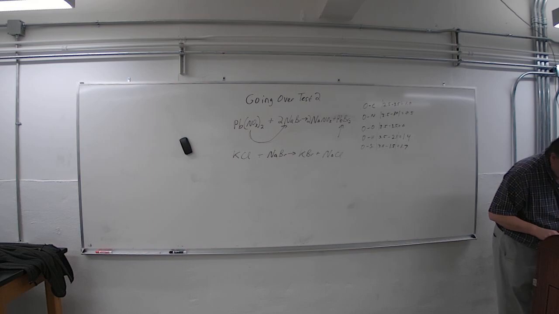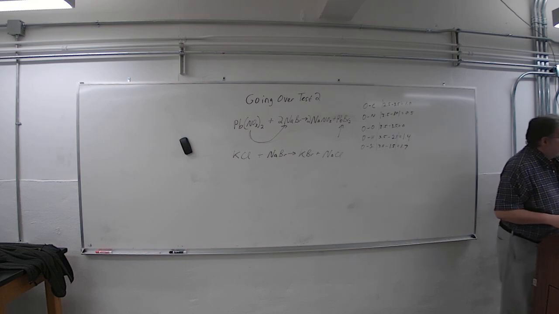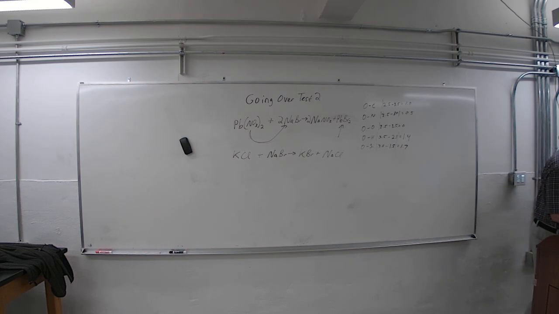What do you guys have for 35? For 35, PbBr2 is soluble. You serious? Let me just take these back up. Is that the answer? E should be the answer to that one. No reaction? Yeah. Because KBr and NaCl are both soluble.